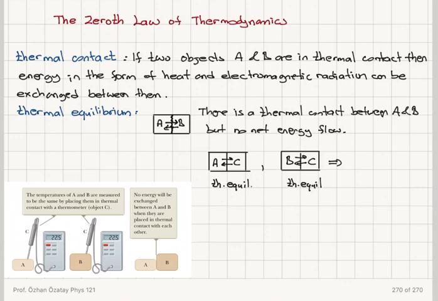Then these two will imply that if I make a thermal contact between A and B, what would I find? I would find that A and B are in thermal equilibrium.